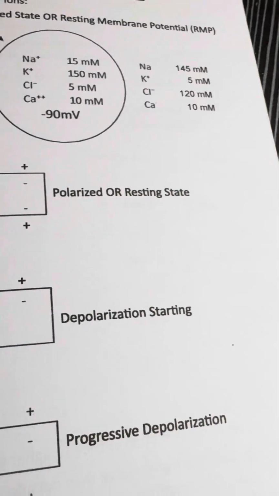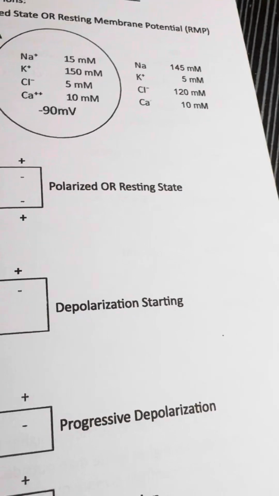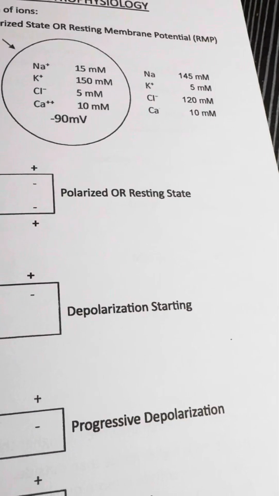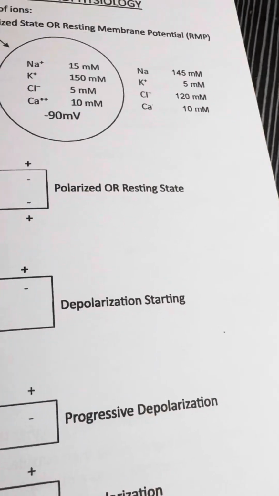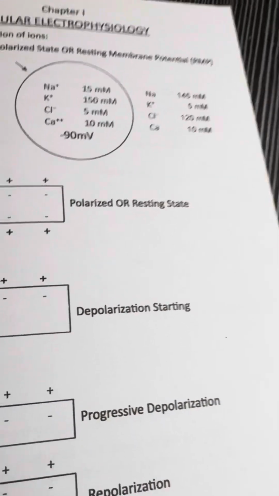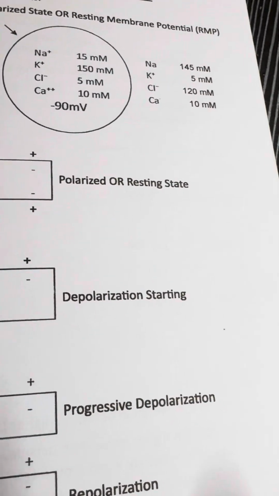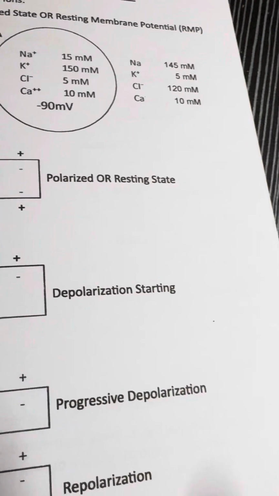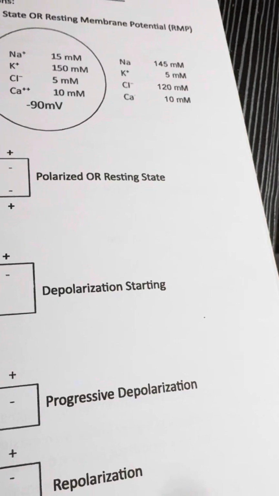But potassium is smaller in size relative to sodium. So crossing over the cell membrane is easy for potassium because of its small size. So potassium permeability is more than sodium permeability.